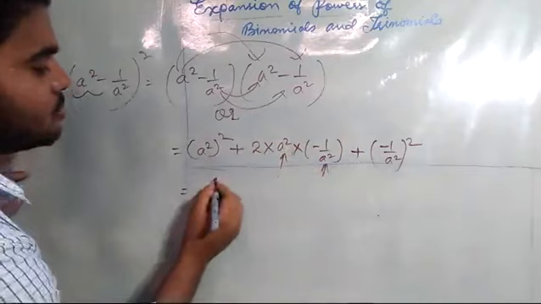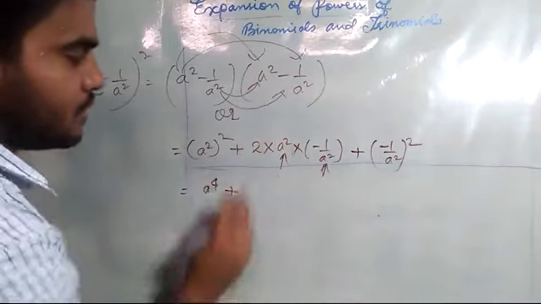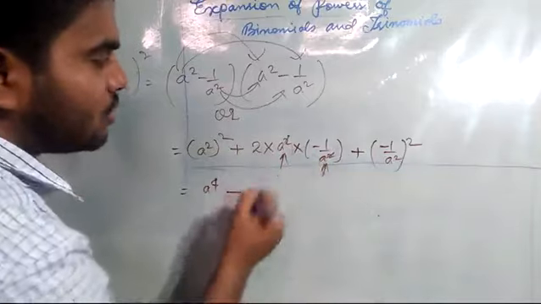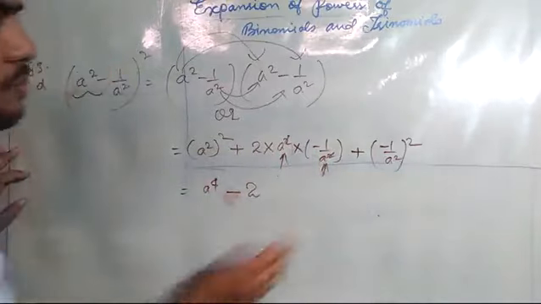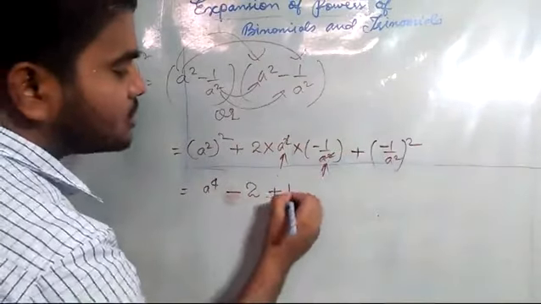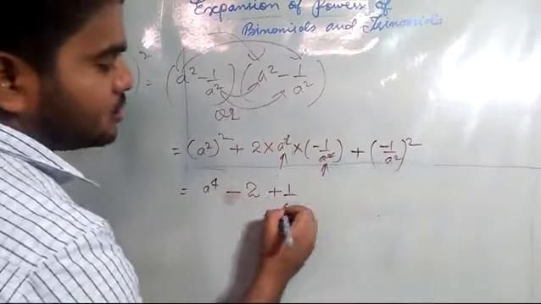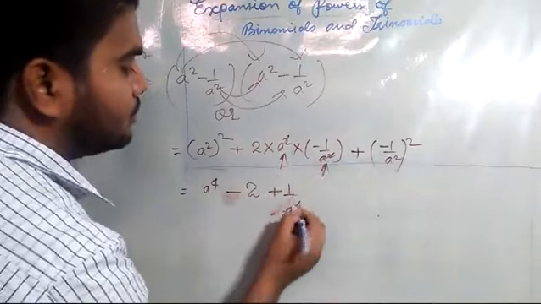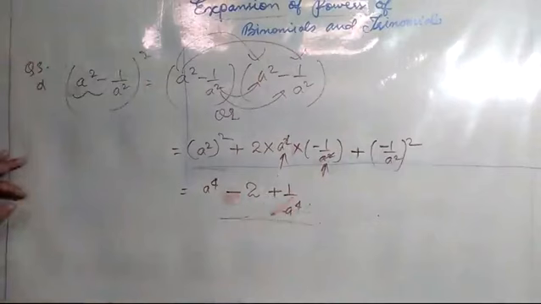Now you will get a raised power 4, plus into minus, a square cancelled, so I got minus 2. This minus 1 square will be positive 1, that is positive 1 by a square raised power 4.